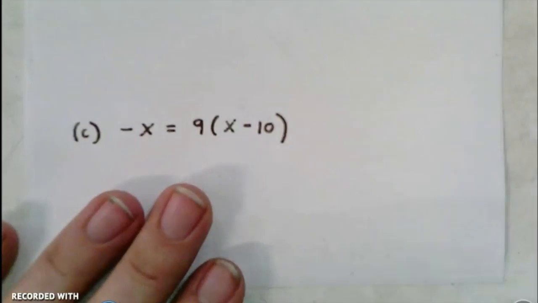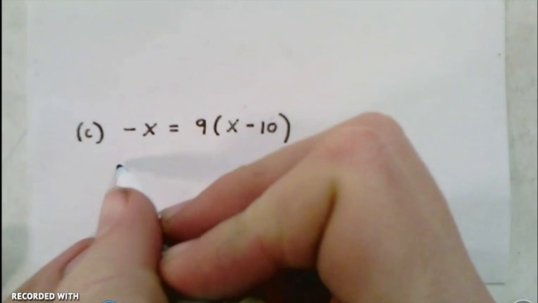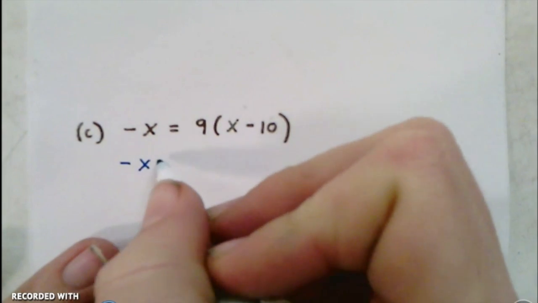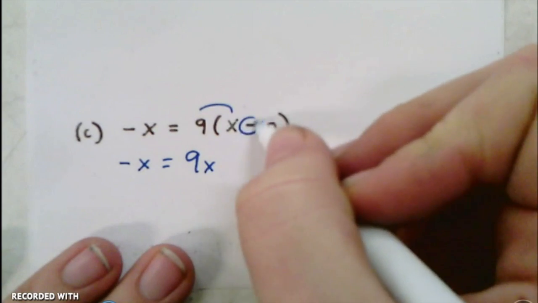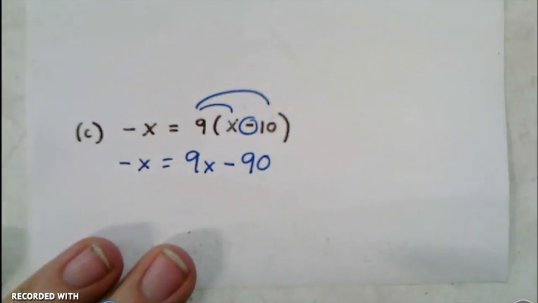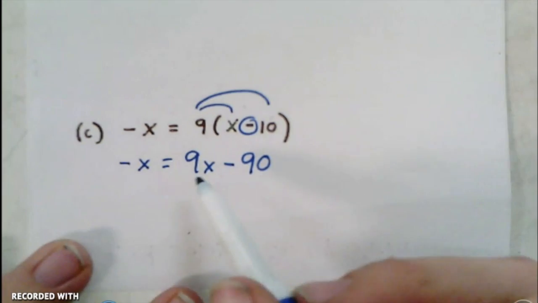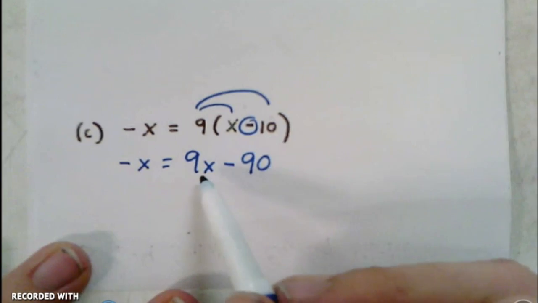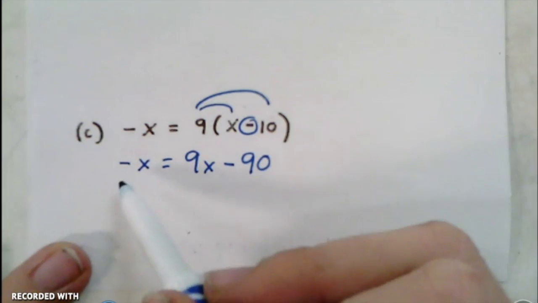Example C. We've got some good old-fashioned distributive going on here. So first I need to do that. I've got negative x equals 9x minus 9 times 10, which is 90. Now I need to combine my variables. If I move my x over here to prevent it from being negative, I'll have to then move the 90 over here.